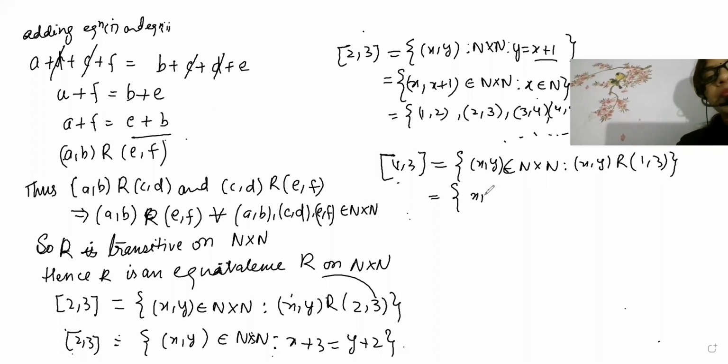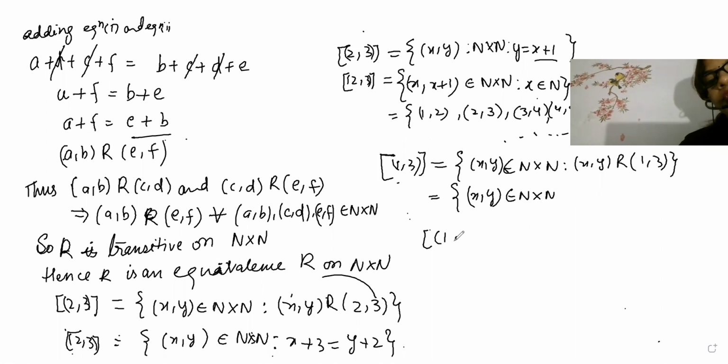Here you must write (1, 3) every time in brackets. Brackets must be there, beta.